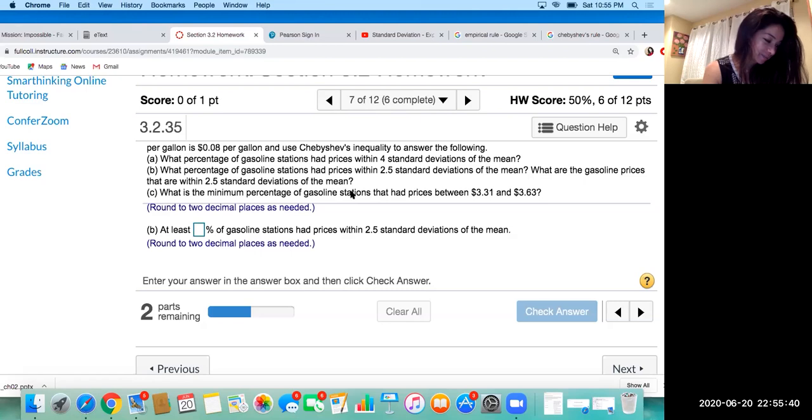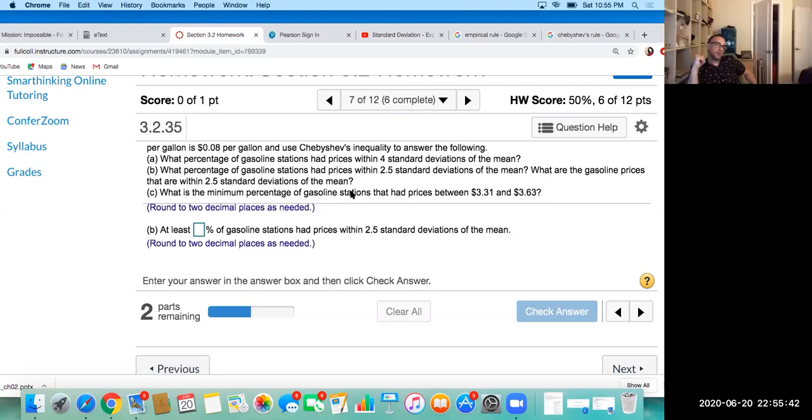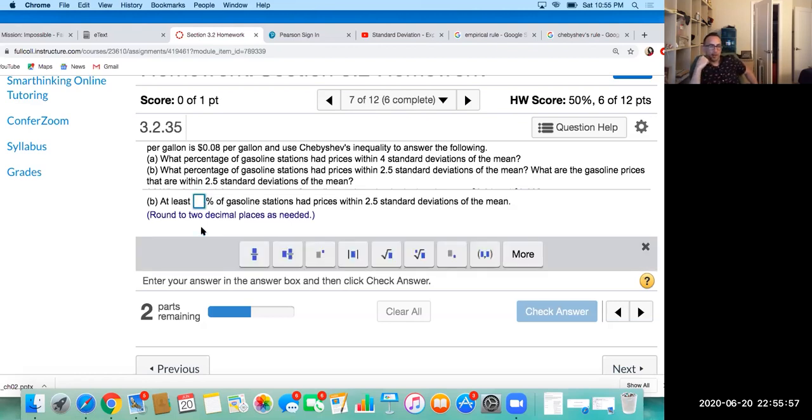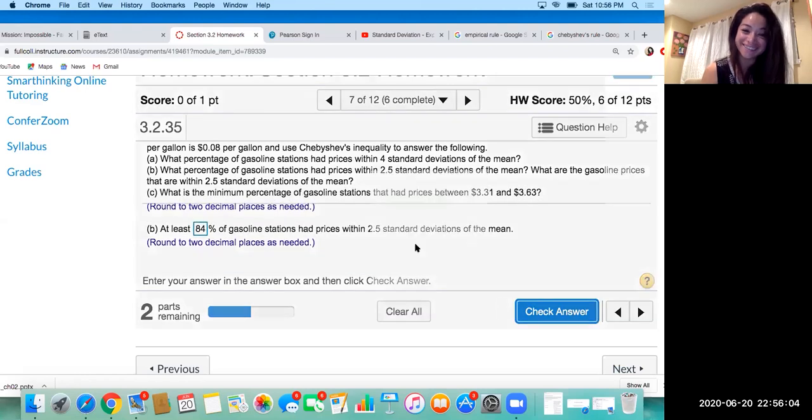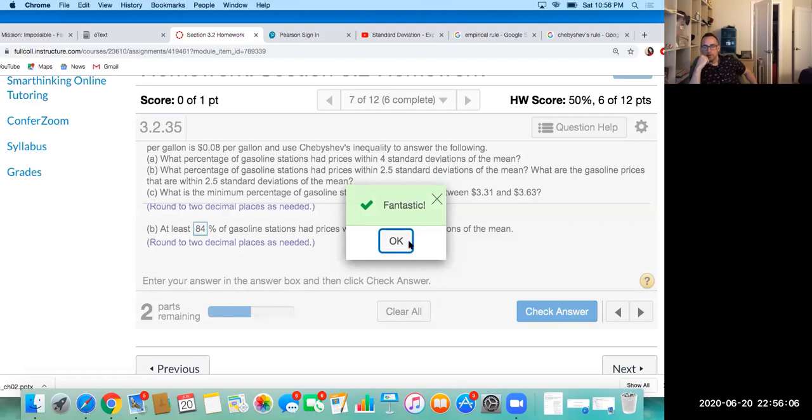That'd be 5 halves, so it's 25 over 4, so 1 minus 4 over 25 is 21 over 25. Hey, Siri, what's 21 over 25? 21 over 25 is 0.84. So 84. That's my guess, but I did that in my head, so it's probably wrong. That's right. It is? Yes. No way. Wow, that's crazy.